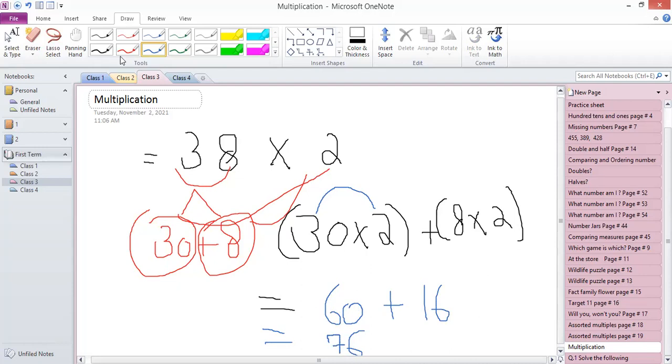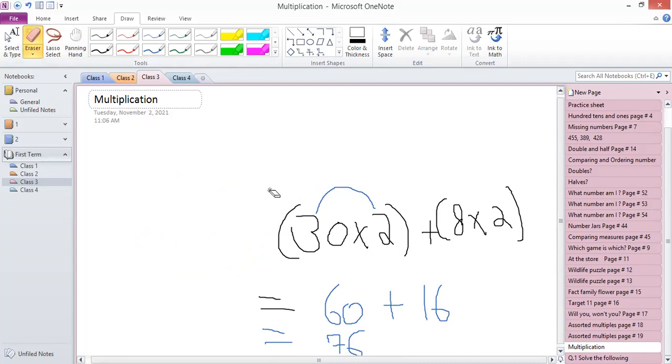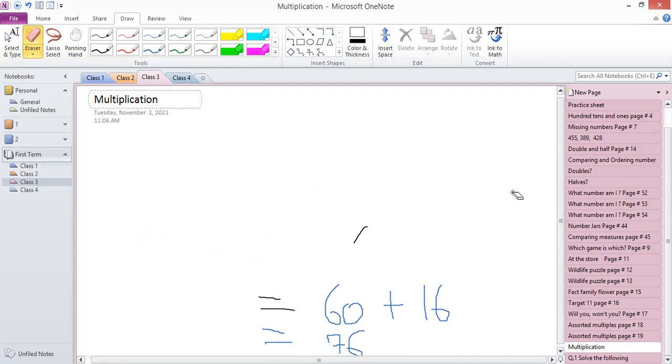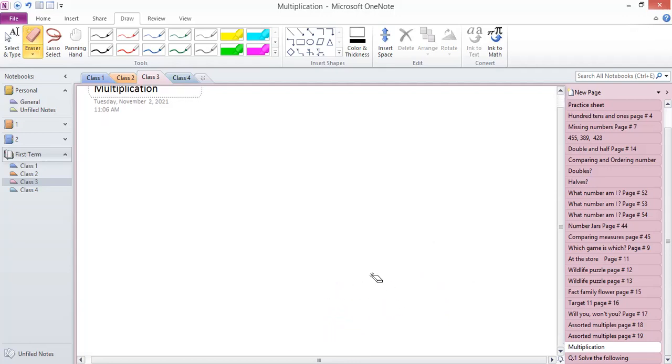So in partition multiplication, you have to break it, write their values, then multiply one by one, and in between you should write addition. I give you one more example. Let's suppose it is 45 multiplied by 2.